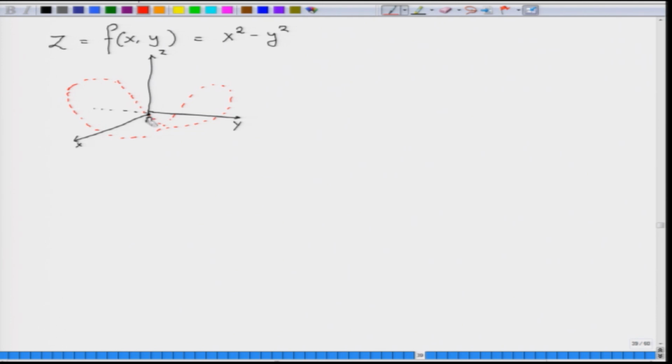So, this looks like something like a saddle. Let me just outline it properly.